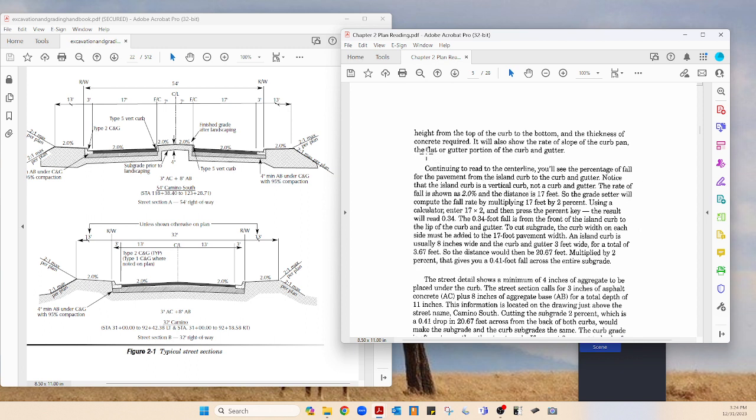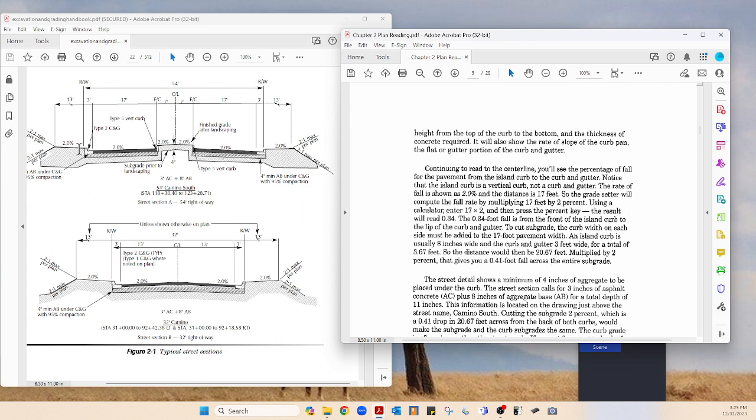Now that's what we just talked about, the slope. If it's 13 feet and if it's 2%, you can do this by multiplying 13 times 0.02, or you can multiply 2 times 13 and hit the percent sign, and it'll give you the same answer.